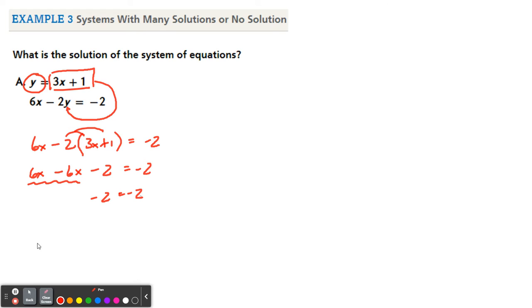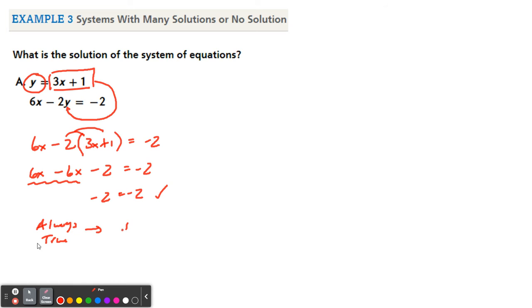So if you remember from topic 1, sometimes you get weird situations where the variables cancel everywhere. And you're left with two numbers, one on the left, one on the right. And you ask yourselves, is this statement true? Does negative 2 equal negative 2? And yes, this is always true.